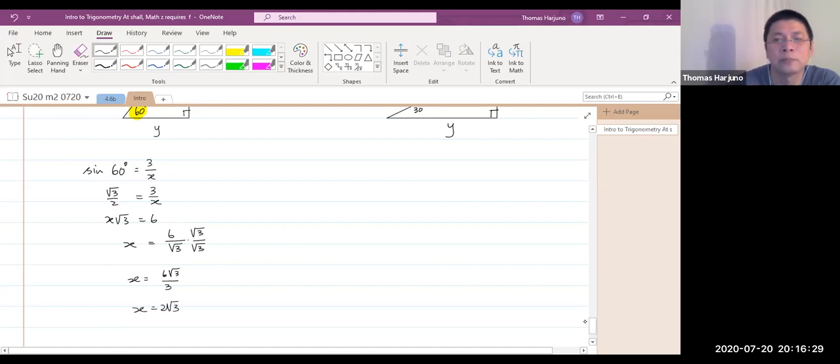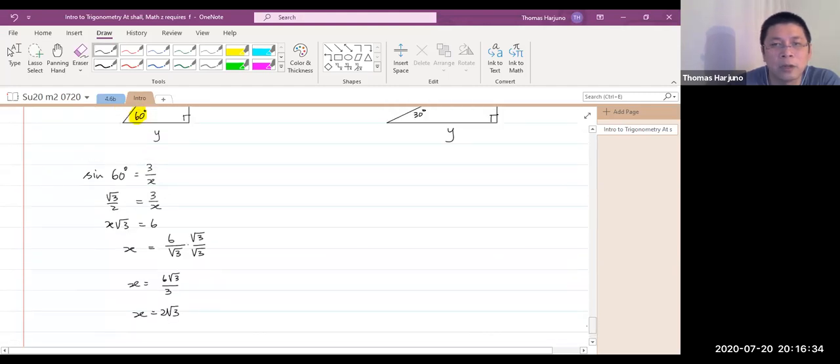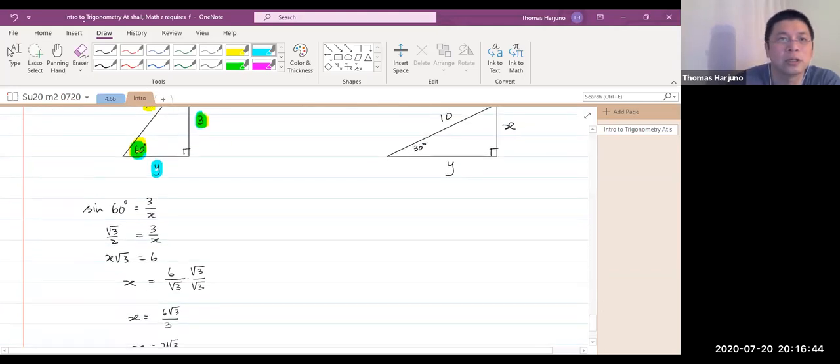Okay. Now then, how about the y? What relates 3 and y and 60? It's tangent. Tangent 60 degrees is 3 over y.